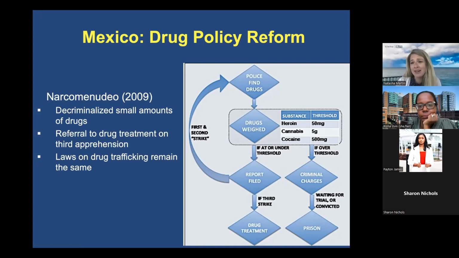These drugs are weighed. If they're below a threshold, then they're released. But if they're apprehended 3 times, they're supposed to be referred to drug treatment. This was meant to decriminalize possession of small amounts of drugs, and drug trafficking laws remained the same. So this was really public health oriented in spirit.